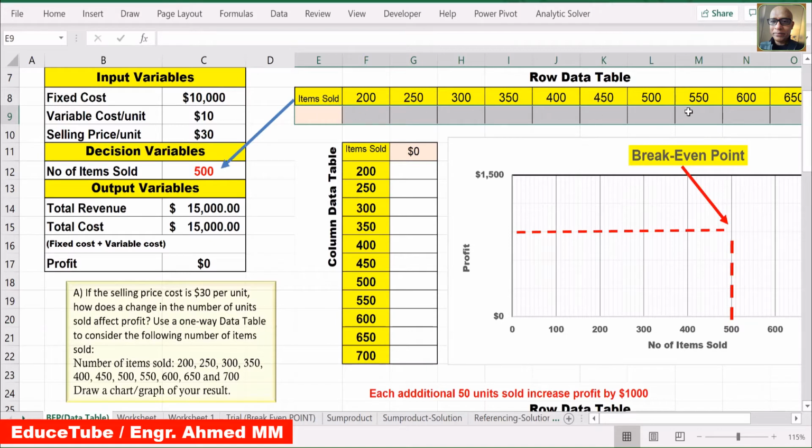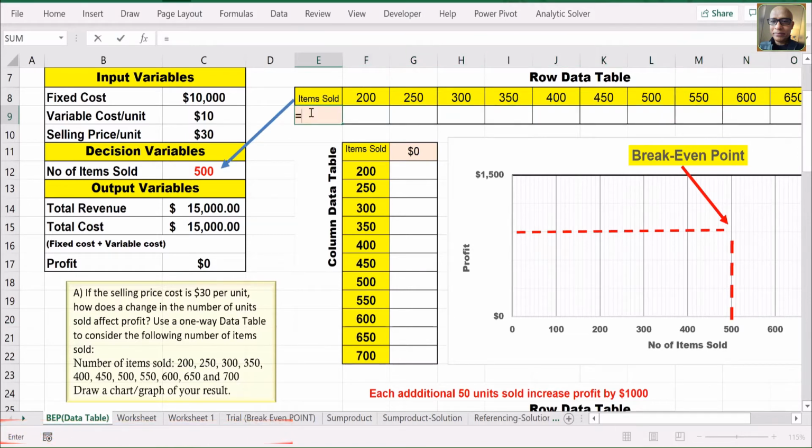It means this blank row, it will be profit. Here also blank row, it will be profit. Then using these two data tables, we will generate this graph. So first here what I'll do, put equal, select this profit, this one.